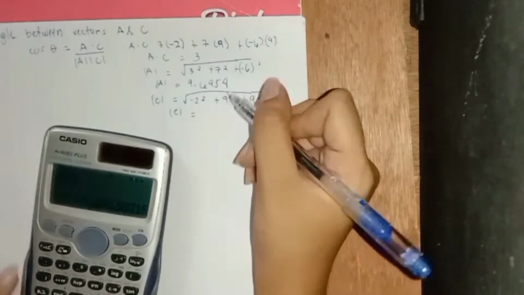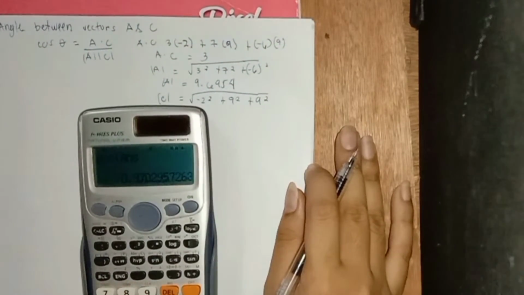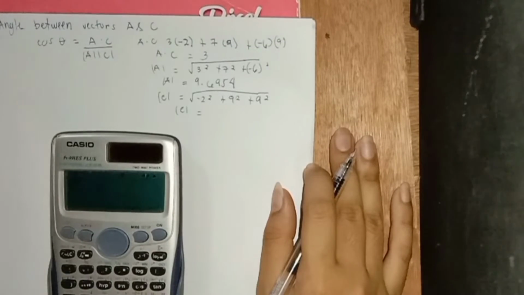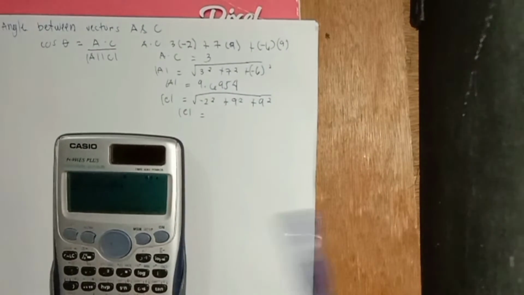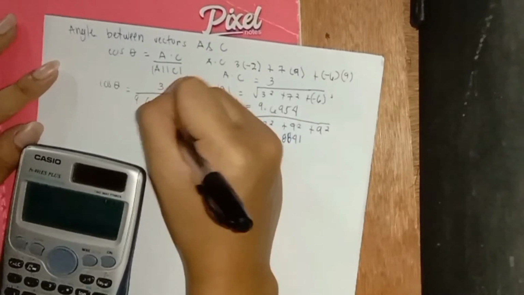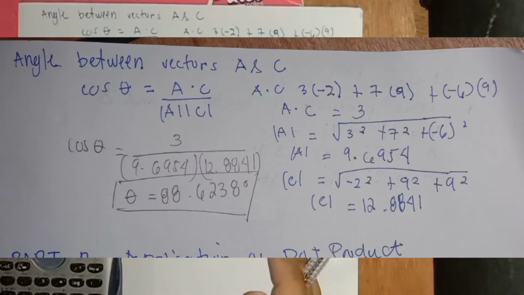For the magnitude of vector C, we square the components, put it on the calculator, square root the answer, and then press equal. We will get the magnitude of 12.8841.